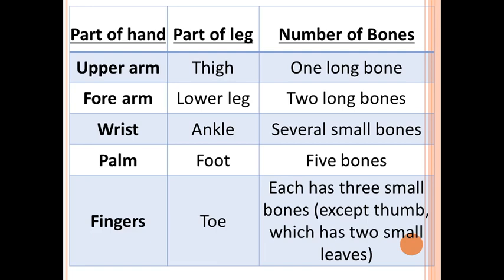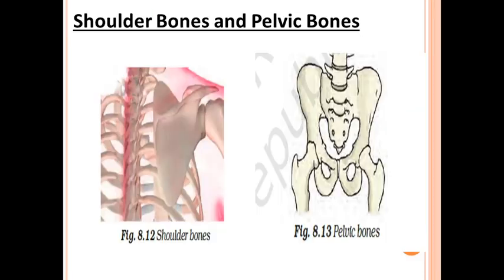You can see the upper arm and the part of leg, that is thigh, one long bone; forearm and lower leg, two long bones; wrist and ankle, several small bones; then your palm and foot, five bones; your fingers and toes, three small bones except your thumb, which has two small bones. So that is the arrangement of your arm and your leg, your upper limbs and lower limbs.